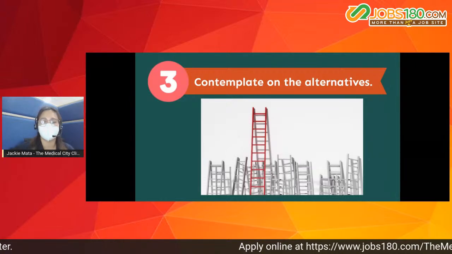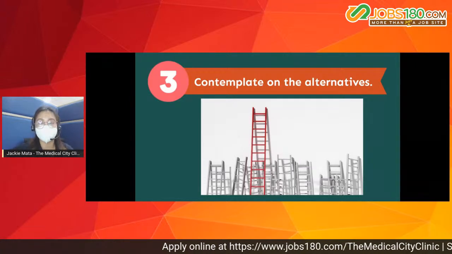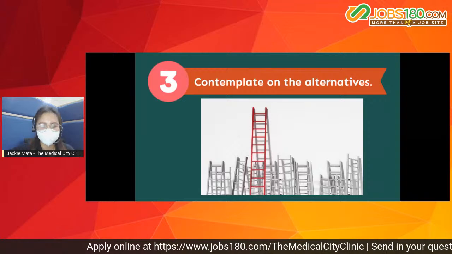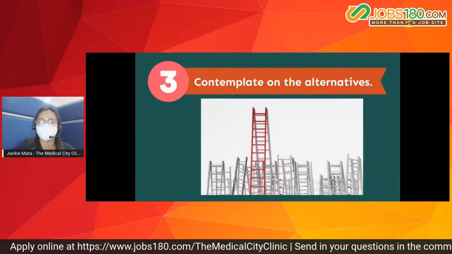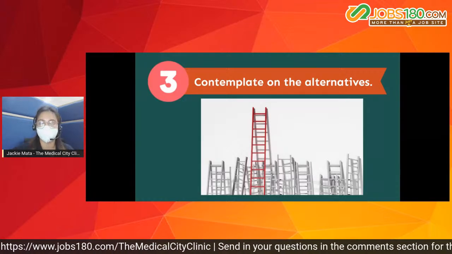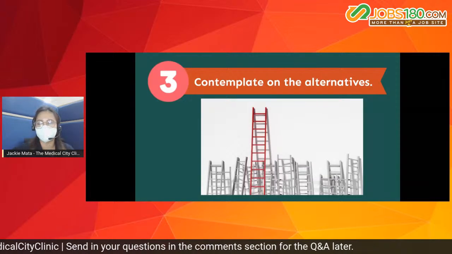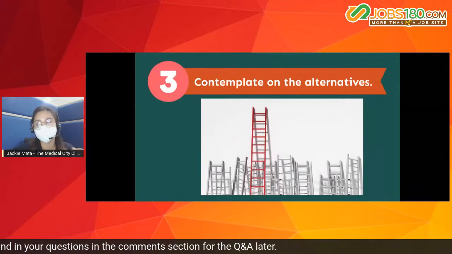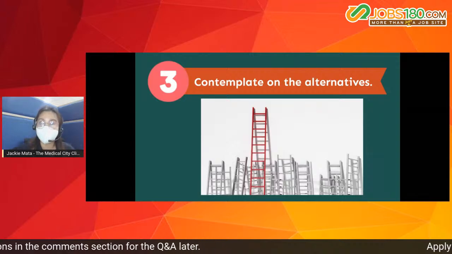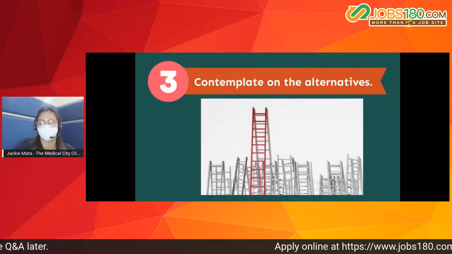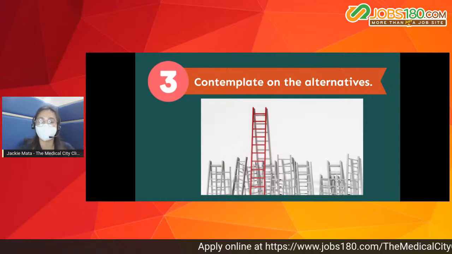So for example, when you start contemplating the best career path and the companies to work in, you have to make sure to examine each of the options that you have and see how these companies and these career paths go side by side with your views, your beliefs, your convictions and your values as an individual. So that's number three.